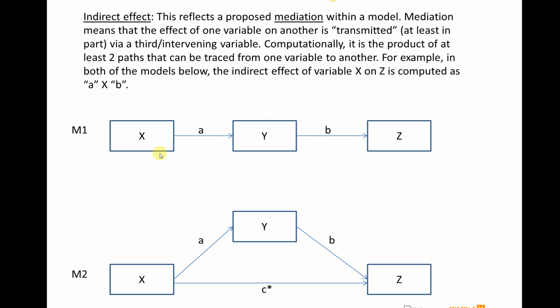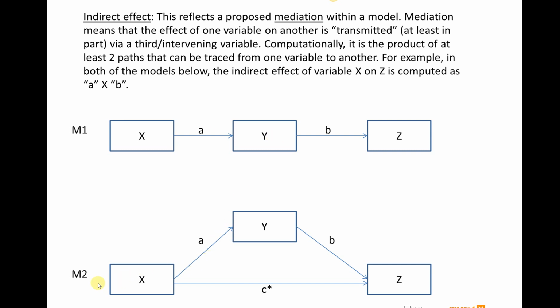So in this case right here, the indirect effect or the mediated effect of x on z flows through variable y, and this is a mediating variable. The indirect effect is calculated by taking the path coefficient for A and multiplying it by the path coefficient for B. So, in this case, the effect of x on z, again, is flowing through y.